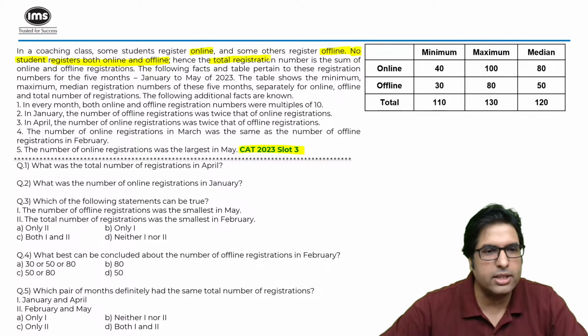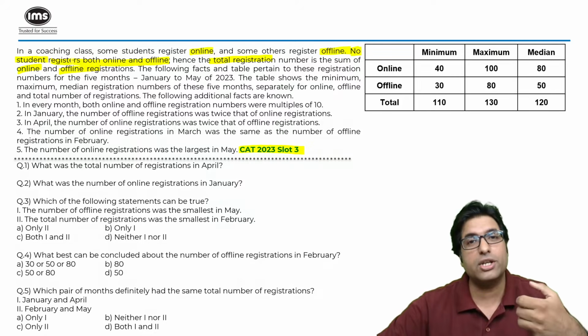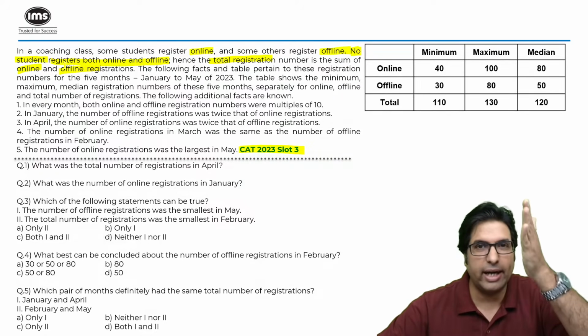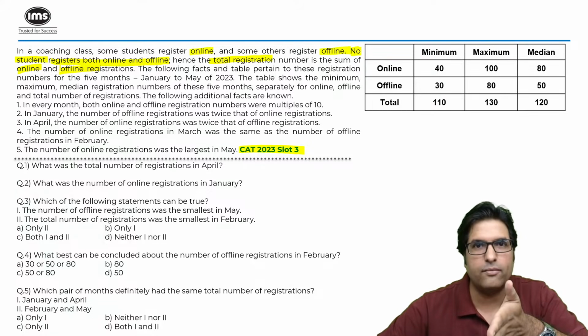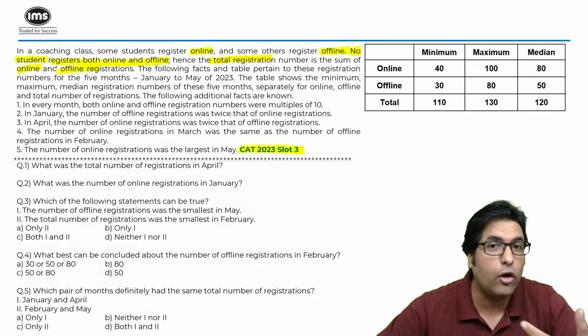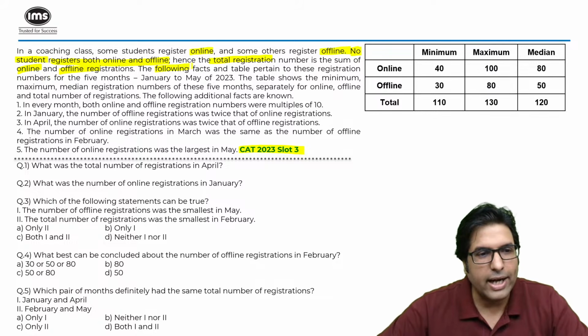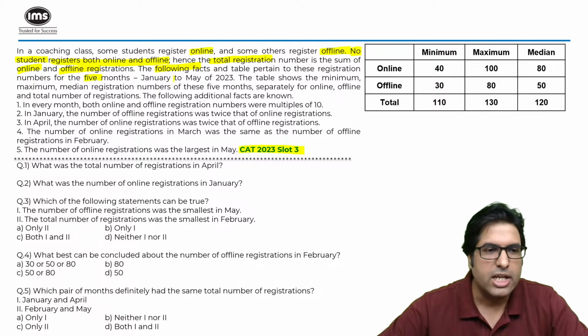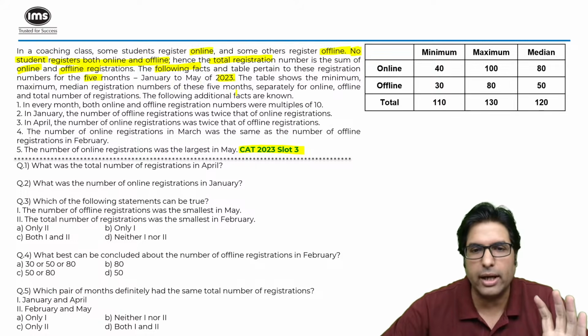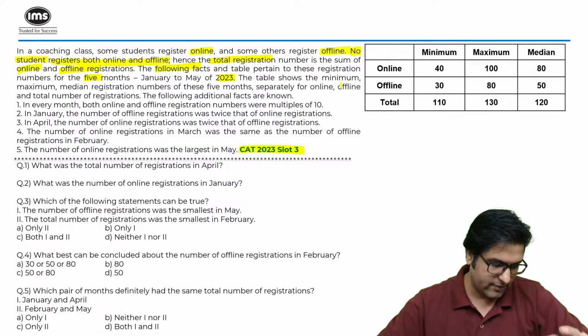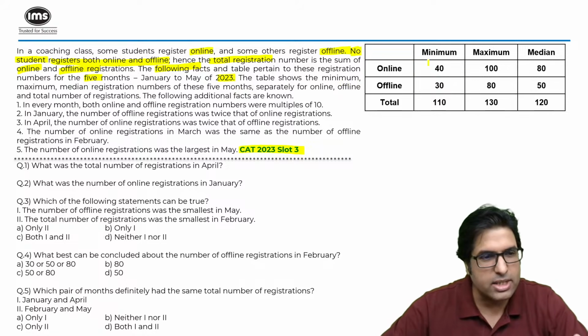Hence, the total registration number is simply the sum of online offline, which means the question itself is telling you create one column for online, create one column for offline, and then create one column for perfect total. The following facts and table pertain to the registration numbers for 5 months, Jan to May of 2023. So there is a table that is given, and what is this table shows?